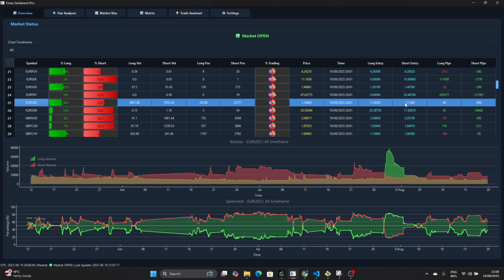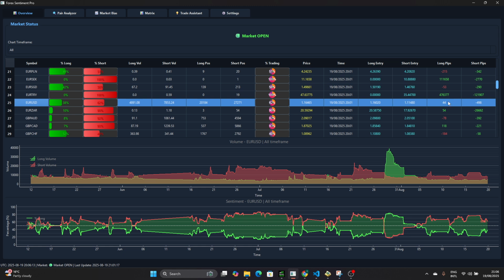I do not suggest trading against these levels, because that's where the market volatility increases, and then price makes crazy moves of around 100 pips, which is not wise to trade in.